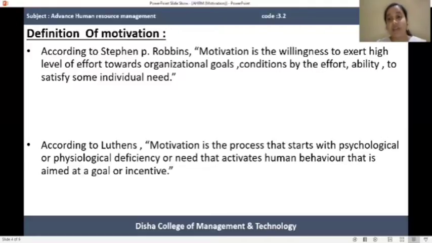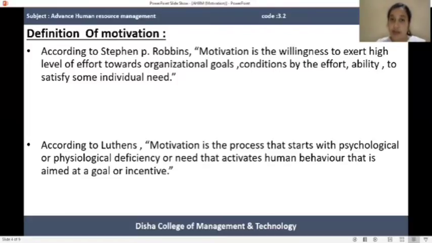After identifying such needs, if the organization shows direction to fulfill these needs, then only the person can be interested to exert a high level of effort, and put more effort to achieve the organizational goal. After that, we can say that the person is motivated.